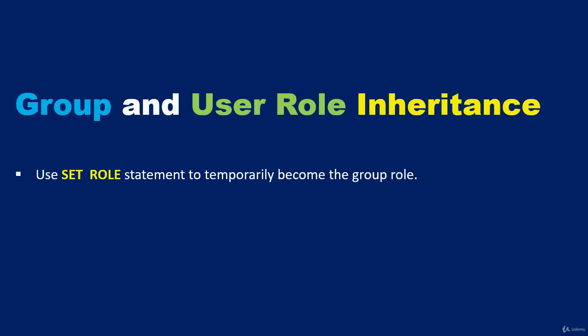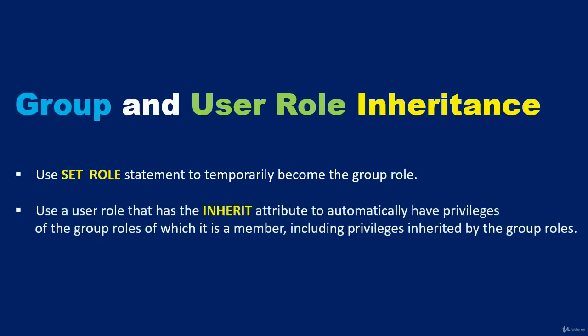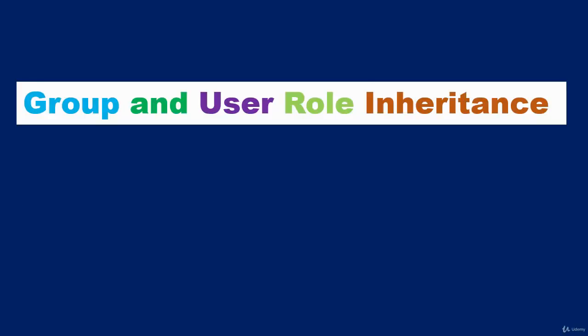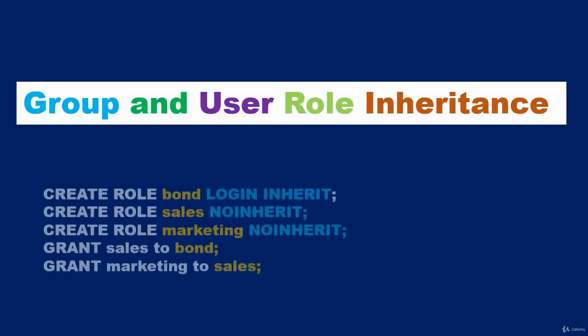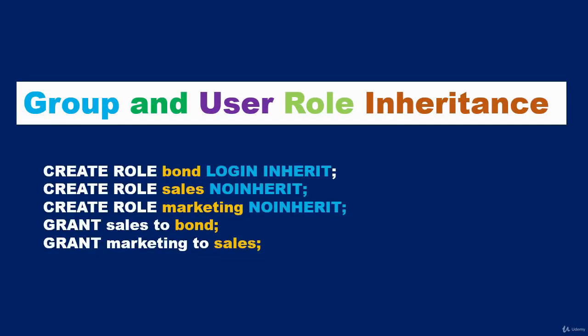In addition, any database objects created in the session are owned by the group role instead of the user role. The second option is that a user role that has the inherit attribute will automatically have the privileges of the group roles of which it is a member, including all privileges inherited by the group roles.